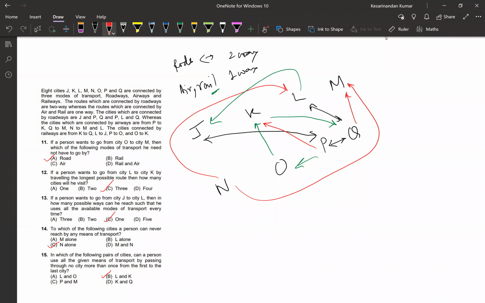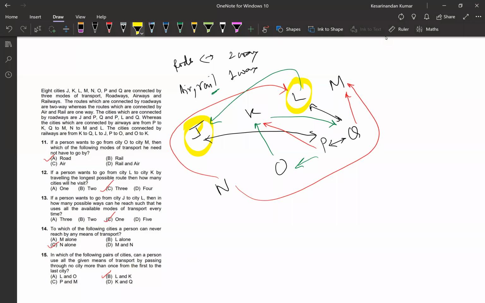Let's move to the next one. If a person wants to go from city J to city L, in how many possible ways can he reach such that he uses all available modes of transport every time? Let's see first the number of ways in which we can go from J to L. We can go by JPQL, but that is not possible, as we are only using road.